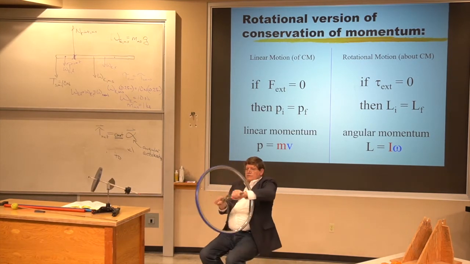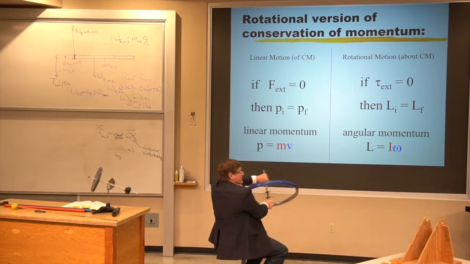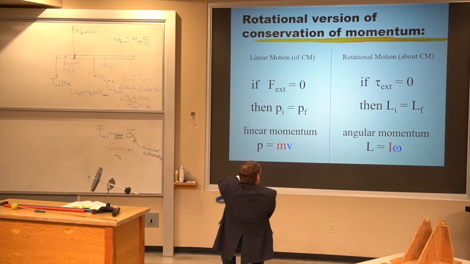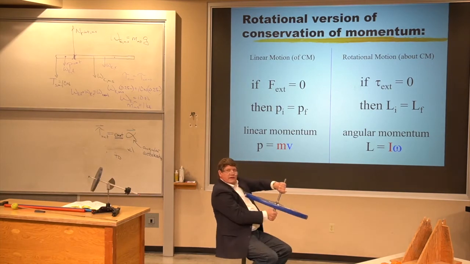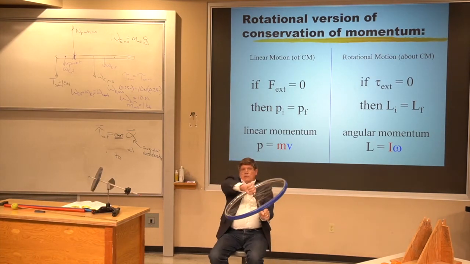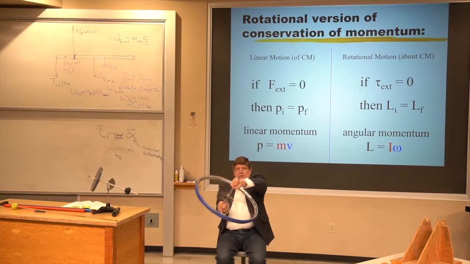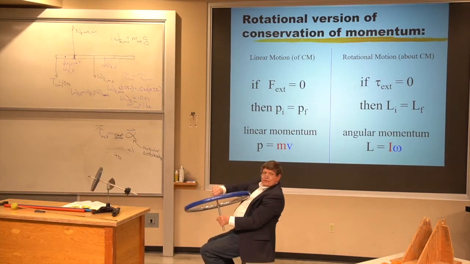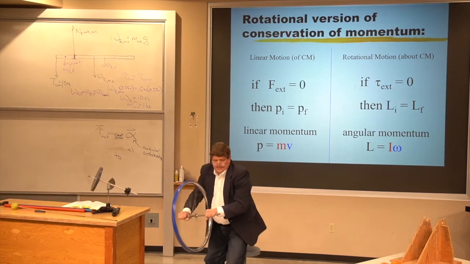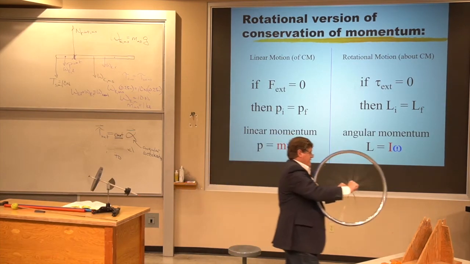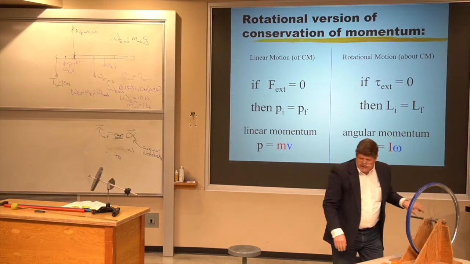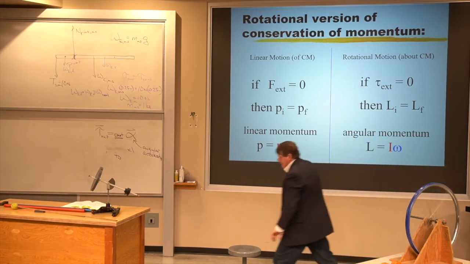Now, you can see what you could do with that. If you're in some sort of satellite in outer space and you want to go the other way, you could just turn a spinning wheel and change your direction. Now, that'd be more profound if it were going faster. But that's as fast as I was able to get it.